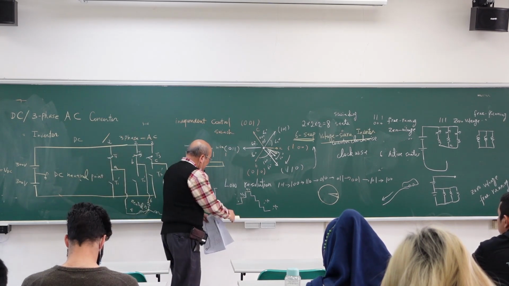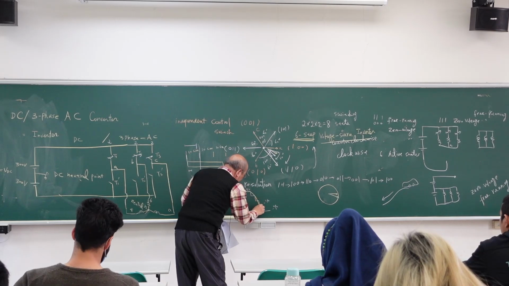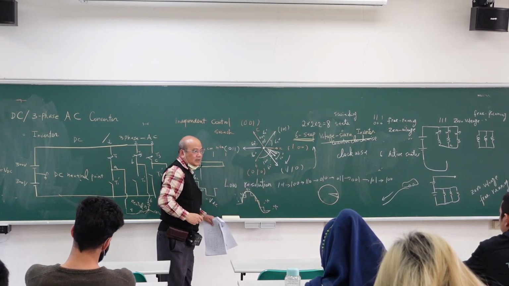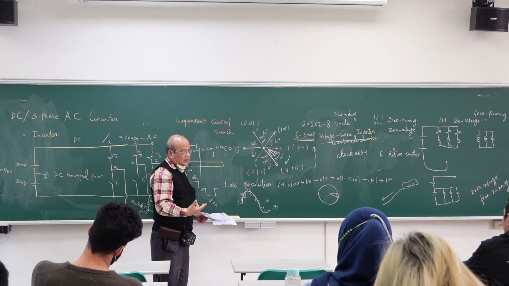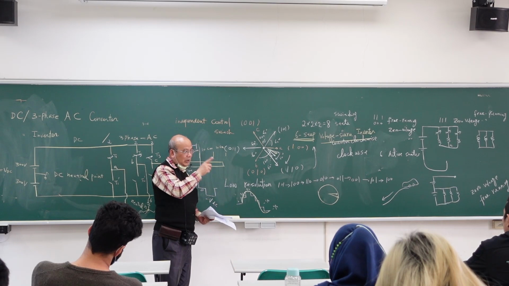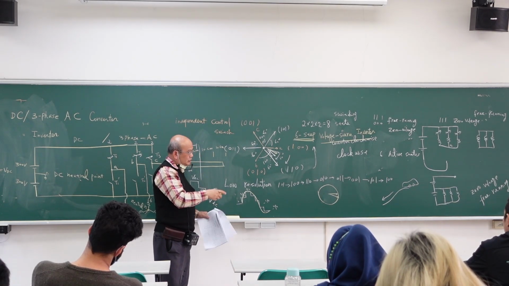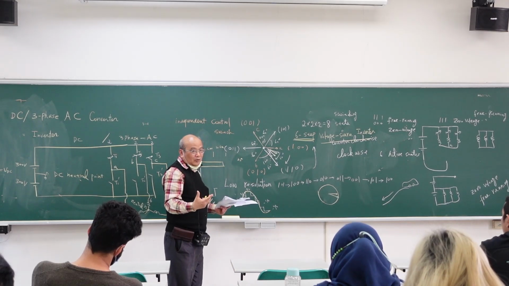No. You say, what I need is sinusoidal. I need this voltage. I don't like this. But you can only get this. Why? Because you have switches. A switch is only 1 or 0. Can you get a switch at 0.5? No, 1 or 0.